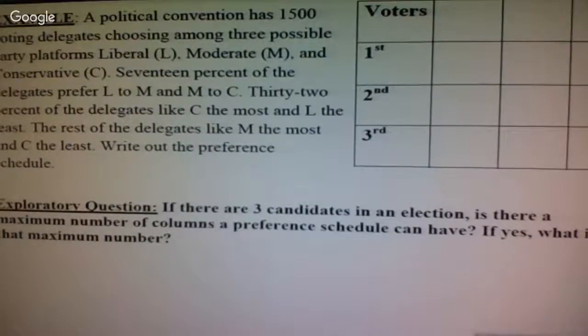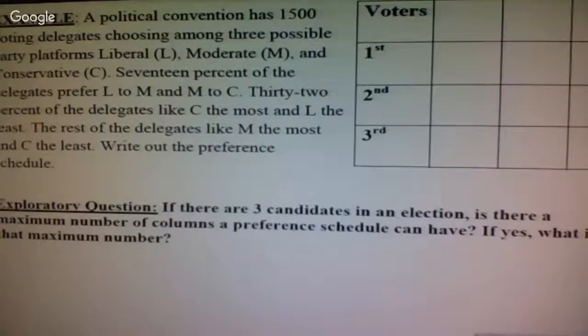Okay, they want us to make a preference schedule. So we just got to get used to doing them now and make it easier on ourselves.